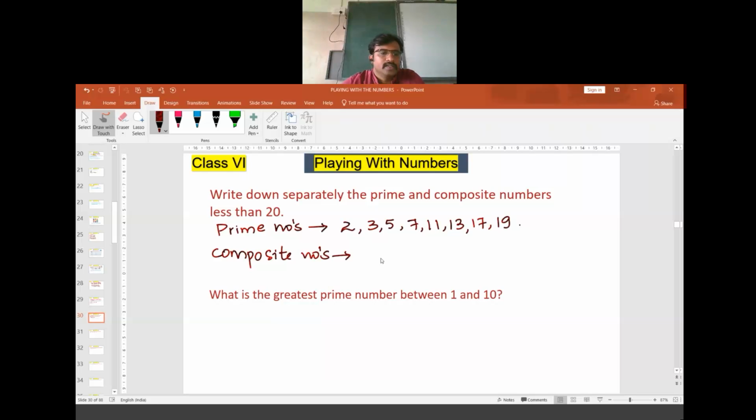These are the prime numbers. The composite numbers are 4, 6, 8, 9 is also a composite number, followed by 10, 12, 14, 15, 16, 18, and 20. These are the composite numbers.